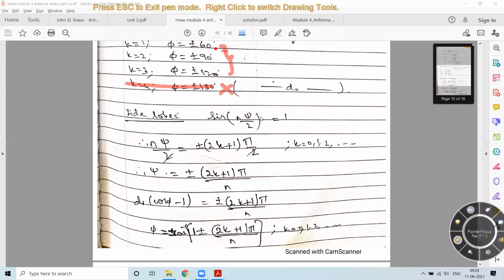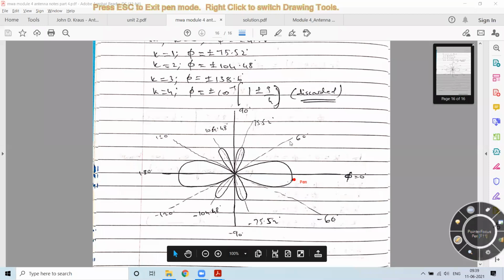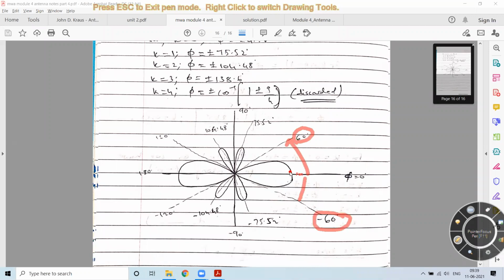So plus minus 60 degrees: if I move in this direction, plus 60 degrees is this one, and if I move in the other direction, minus 60 degrees is this case. Next one is plus minus 120 degrees. Plus 120 degrees is when I move from phi equal to 0 up to this direction in the anti-clockwise direction, 120 degrees.